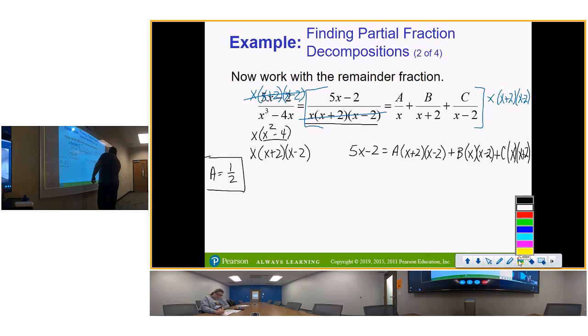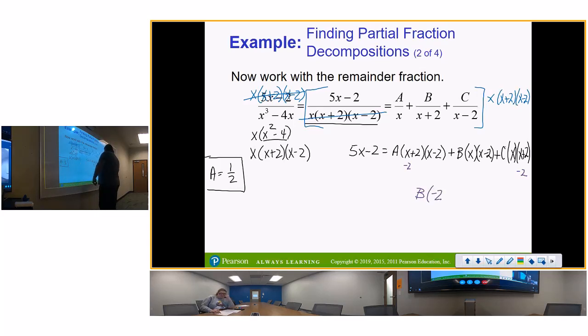Let's use magenta. And I'm going to plug in a negative 2 right there and a negative 2 right here. And what will that do to these two terms? It will destroy them. It'll blow them up. It'll cause 0 terms. So I'm going to be finding what? b, aren't I? Yes, you are.